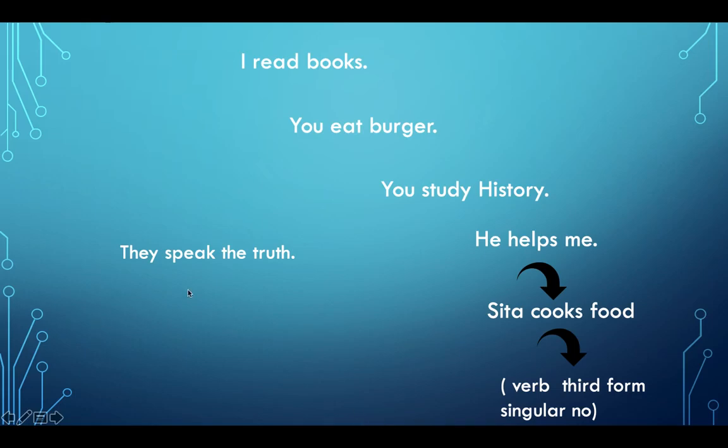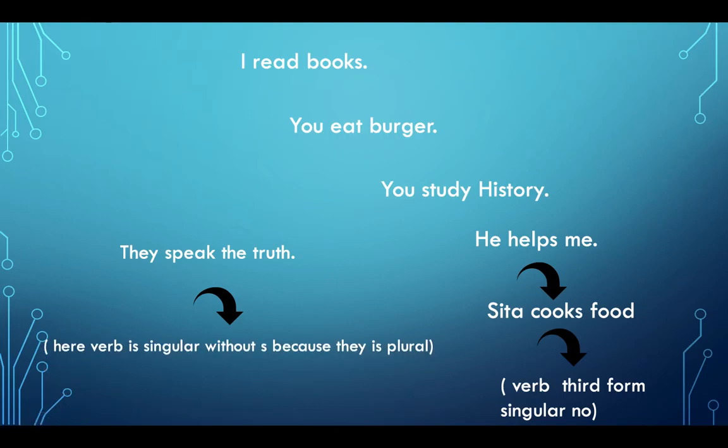When I say they speak the truth, here with this subject they, I have not used s or es form. Why? Because here they is third person, but it is in plural form. And with third person plural, we do not use s. The verb is used individually, as it is, we don't use s or es form. Here the verb speak is without s, because they is a plural form.